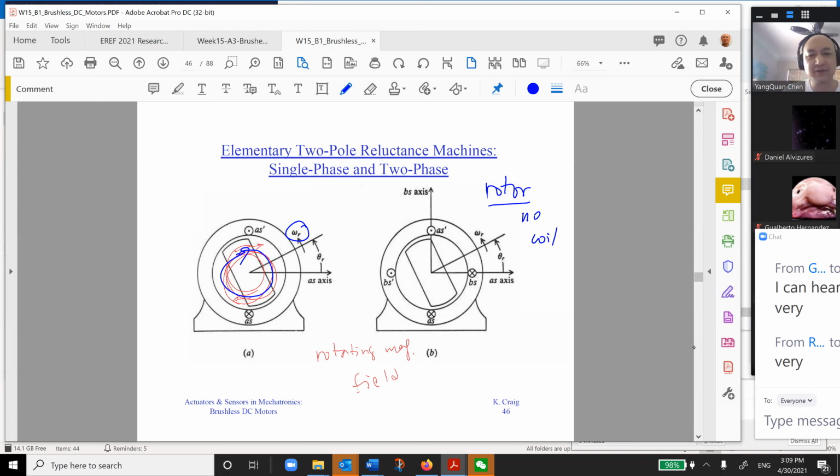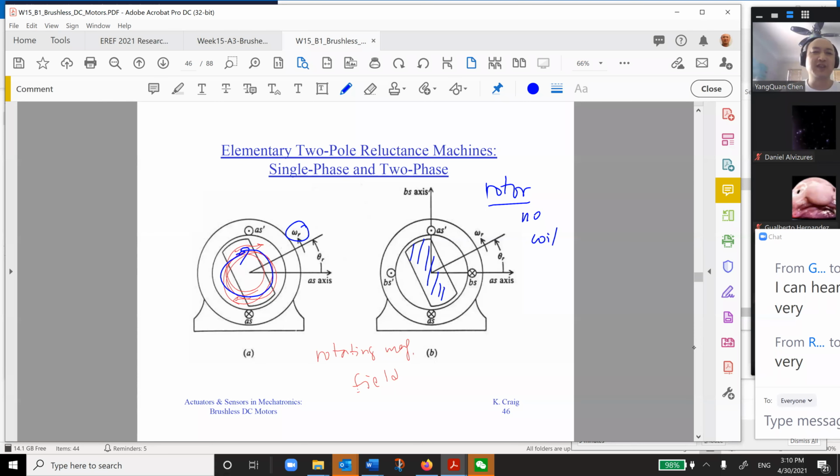rotate. So using this rotating magnetic field, and because it is a small bar like this, when you're at a different position, your reluctance is different. So it is always dragging you to a position with smaller reluctance.